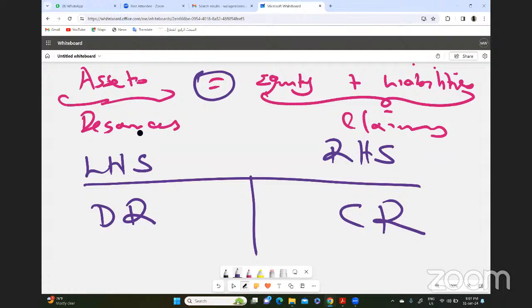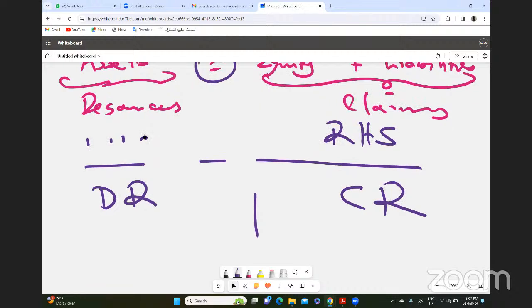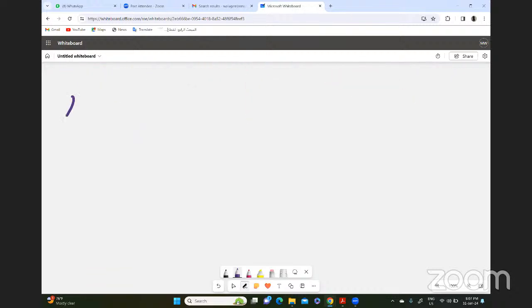The other elements come from changes in those ones, but as we said, they will all fall under equity. Let me just write it down. So we are saying assets are equal to equity plus liabilities.